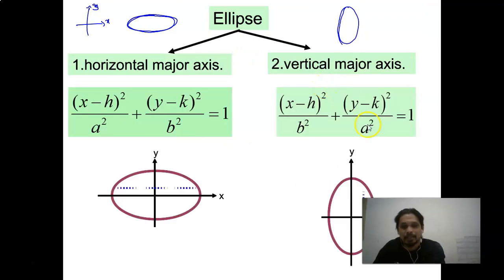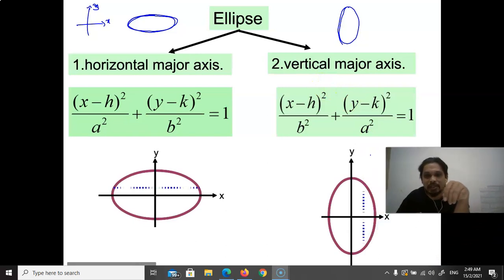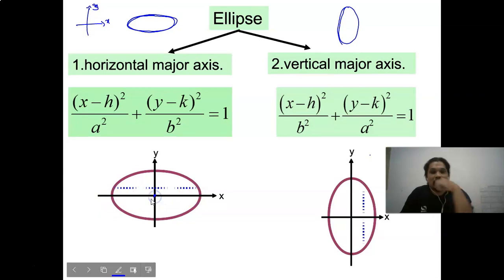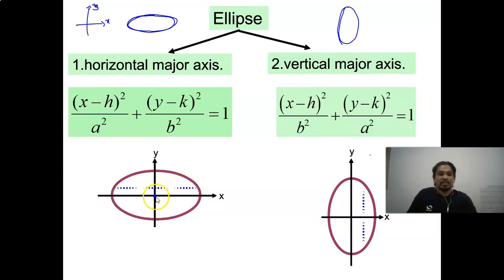So as you see on the screen, the horizontal major axis means that we have the minor and the major axis. Imagine that this is the center of an ellipse.